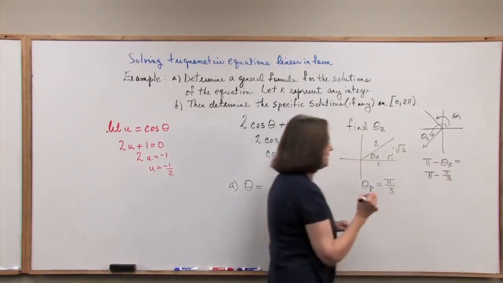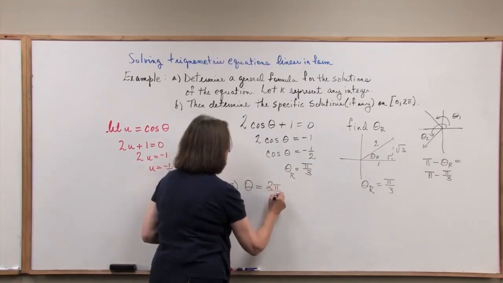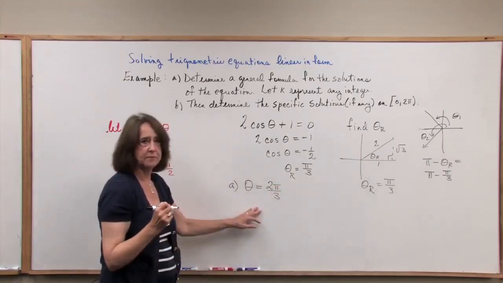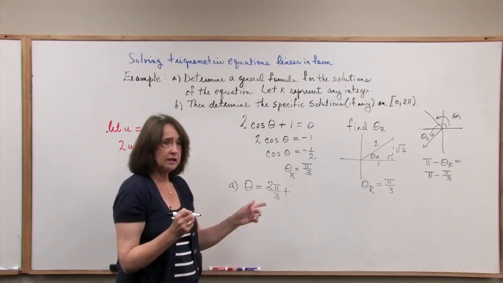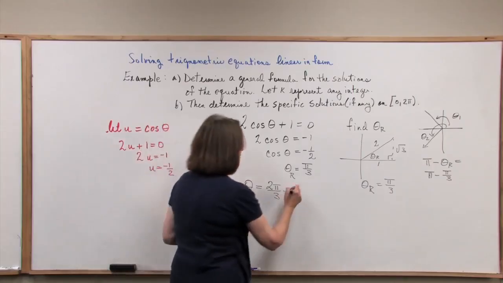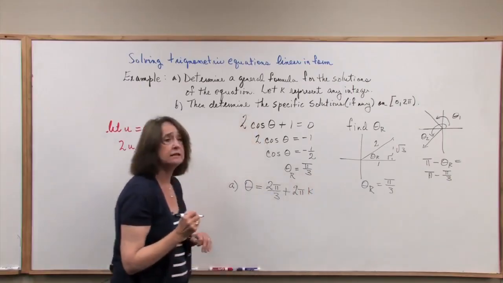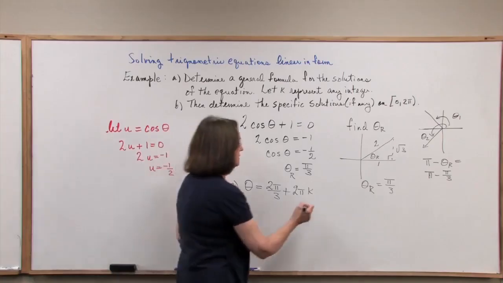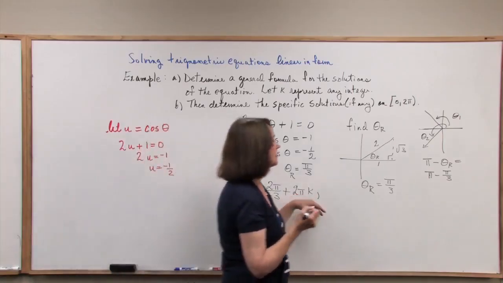So we have pi minus pi over 3, which is 2 pi over 3, plus the period of our cosine function is 2 pi, and we will multiply that times k. Okay, this will give us a set of solutions.